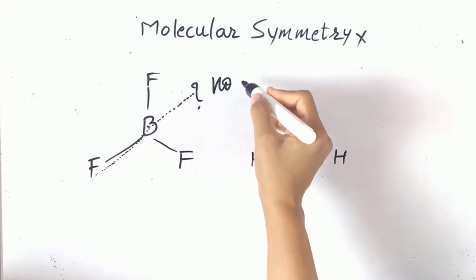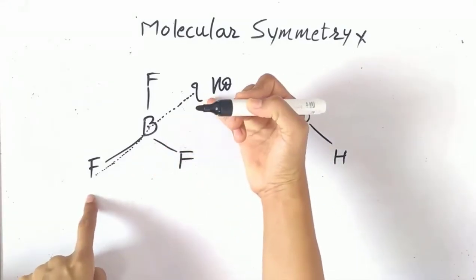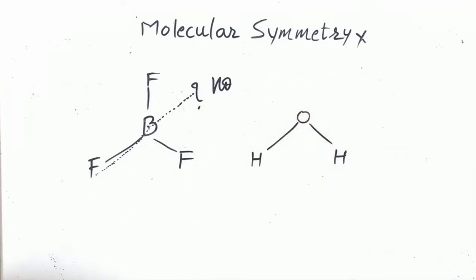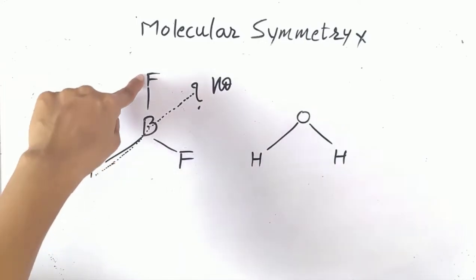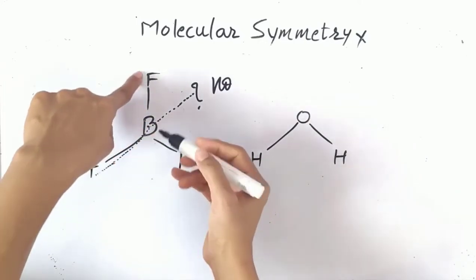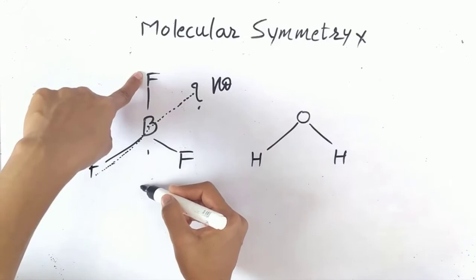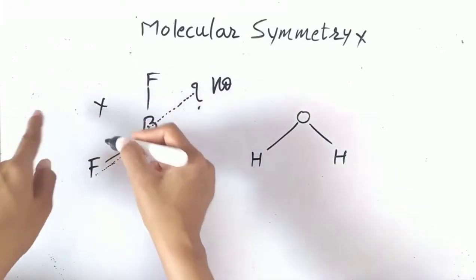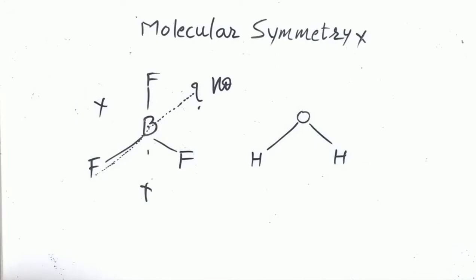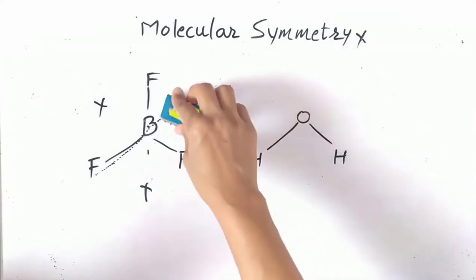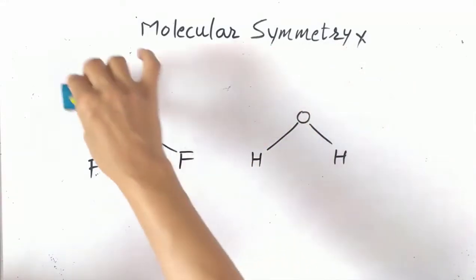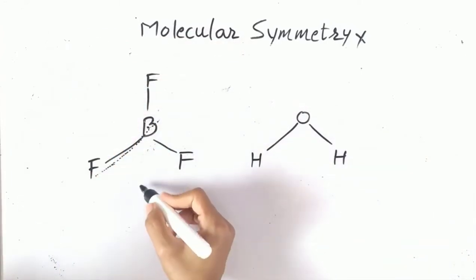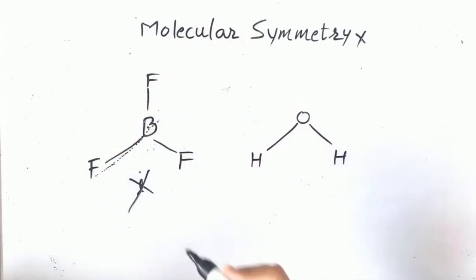No, there is no same atom present at equidistance and in the opposite direction. Same is the case with this one. The fluorine atom opposite to this is absent here, and similarly the fluorine atom opposite to this is not present there. Does BF3 contain I as a symmetry element? No. The inversion center is absent in BF3.